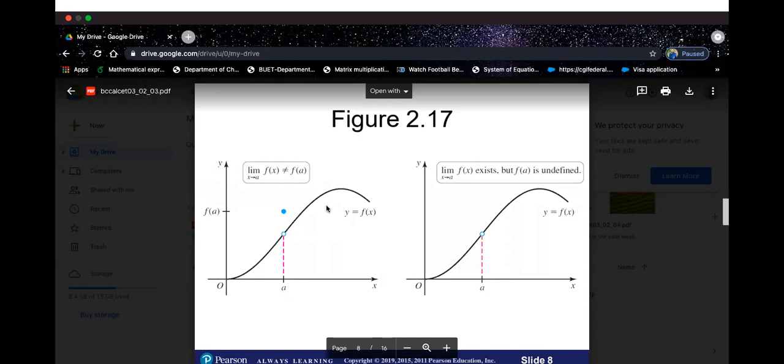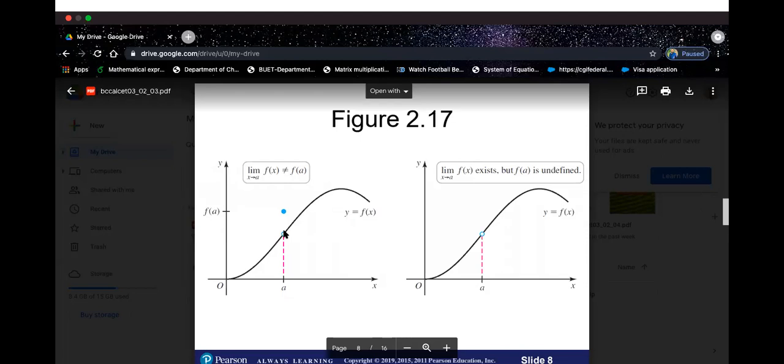What if I say when x is approaching a, our left-sided limit is this, whatever this value is, and our right-sided limit is also this. Do you agree? Yep. So what if I say the limit exists? Do you agree? So this is not a piecewise function, is it? No. This is a piecewise function, yeah.